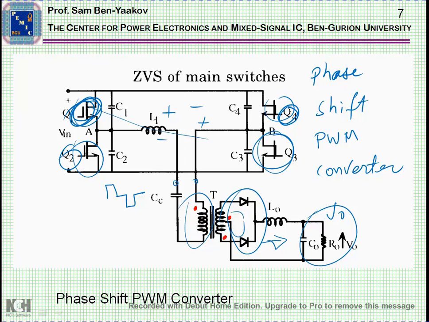Now, the idea of the phase shift PWM converter is that we are trying to do this transition in a soft way, soft switching. There's an extra inductor here, which is usually put in, or you can have it as part of a proper transformer design, which is important for the operation of the soft switching, as I'll show in a minute.